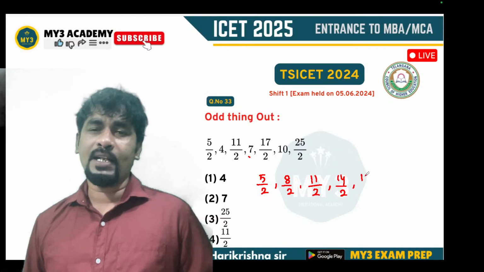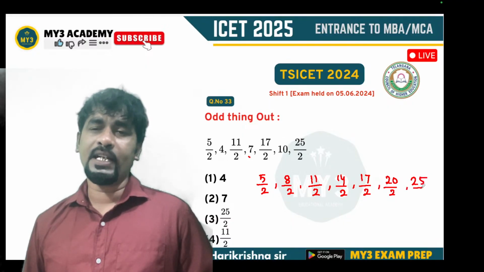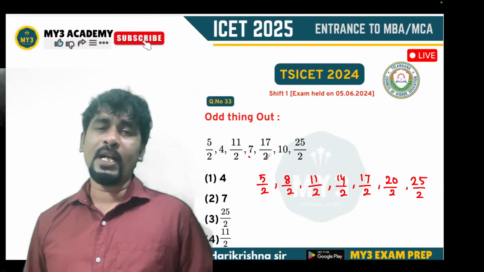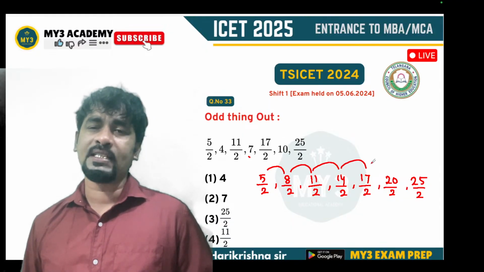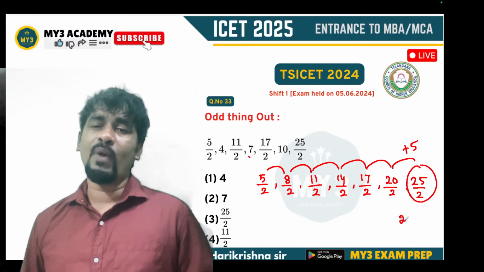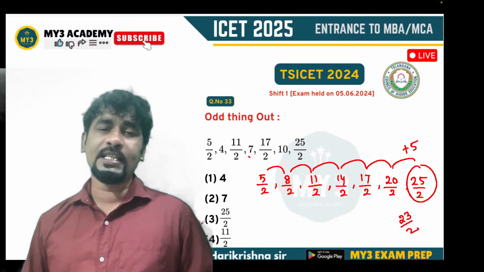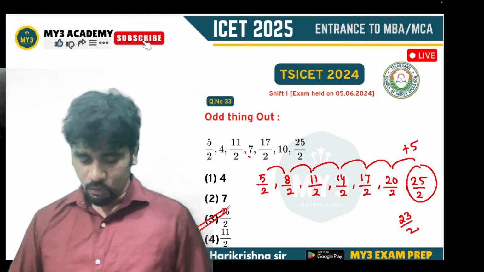Next 17 by 2 as it is. 10 I am writing as 20 by 2 and 25 by 2. So everything is clear. Now because the denominator is constant, if you observe the numerator difference, plus 3, plus 3, plus 3, plus 3, plus 3. But here the difference is going to be plus 5. So the wrong term is this. Instead of 25 by 2, it should be 23 by 2. So mark the answer option 3, which is 25 by 2.